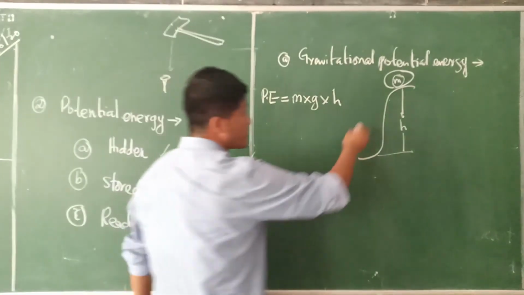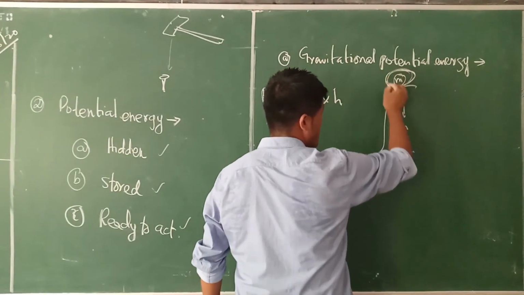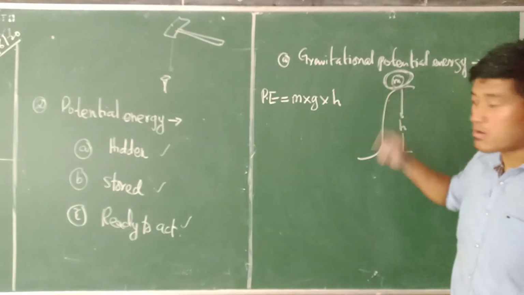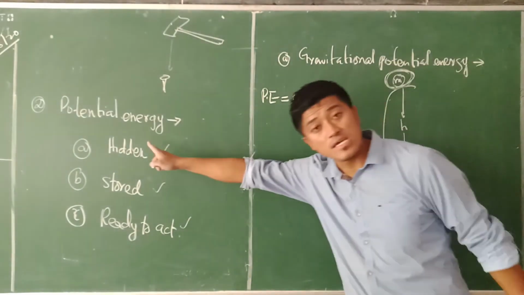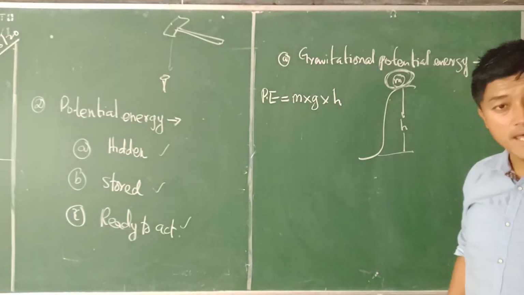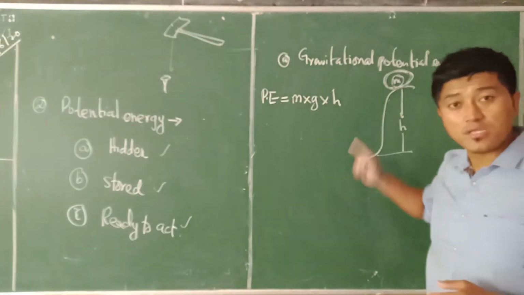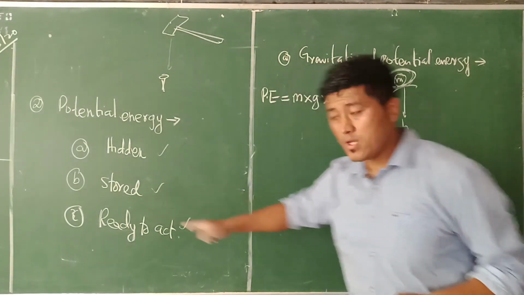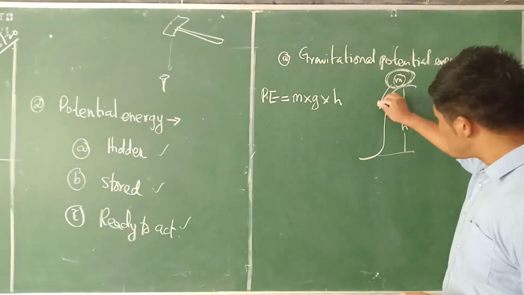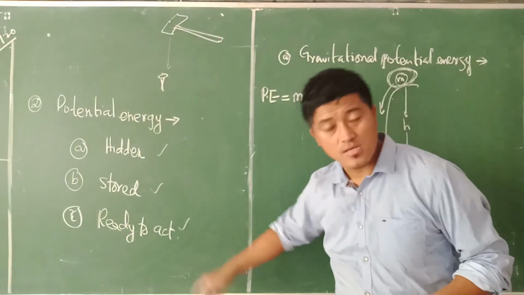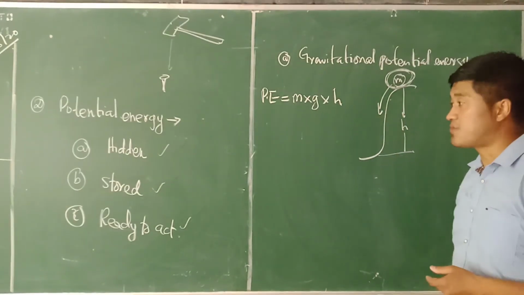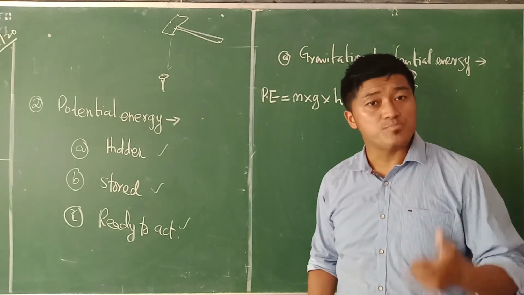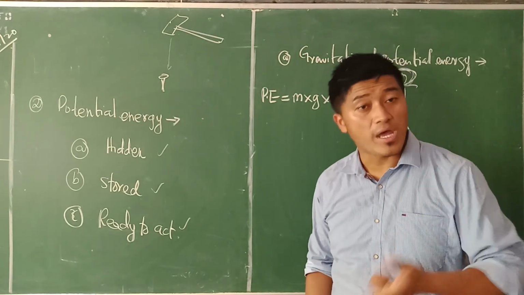Okay? Because in that particular stone here, the stone which is on top here, can we see the energy in this particular stone? We won't be able to see because it is hidden. But can we say that there is a presence of energy in this particular stone? Yes, because the energy is stored. The moment it moves down, is it ready to act? Yes, of course, it is ready to act. So potential energy in general means the energy possessed in a body due to its position and shape.